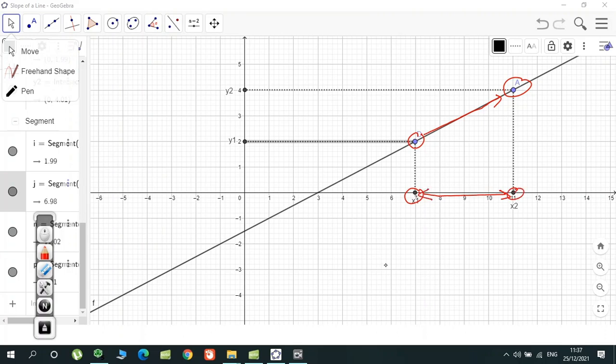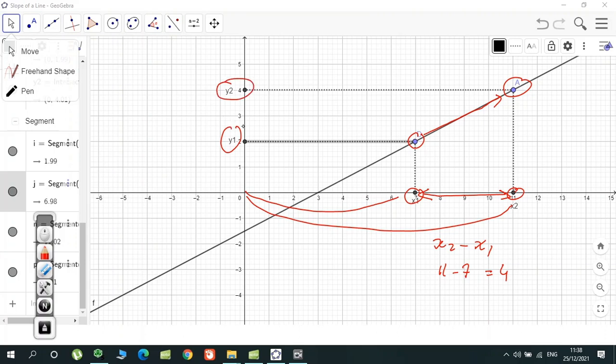What is the distance between these two? If x2 is 11 and x1 is 7, then x2 minus x1 is 11 minus 7, which equals 4. This is the distance between x1 and x2. What changed on the y-axis? At point D, my y1 value is 2, and y2 is 4.